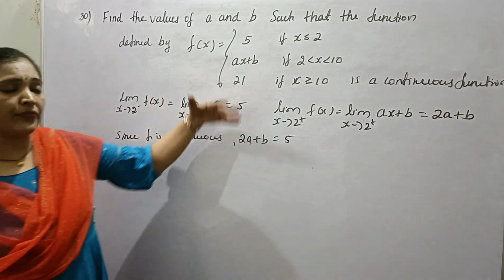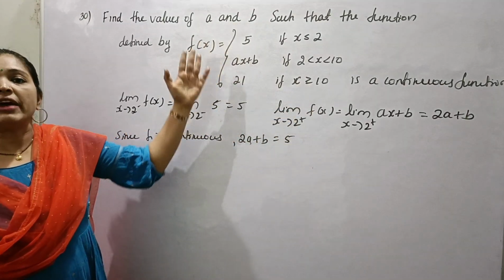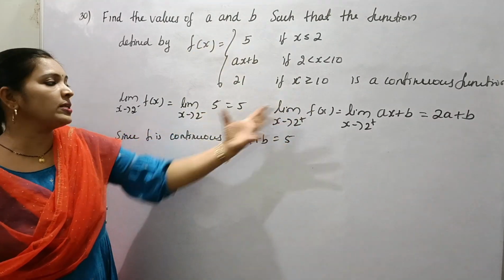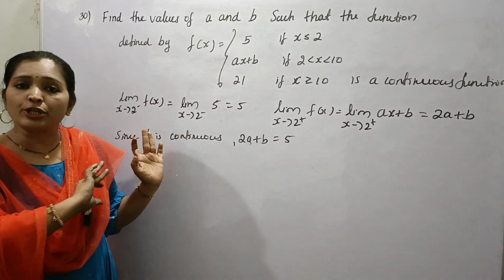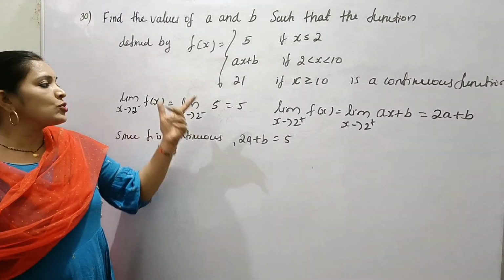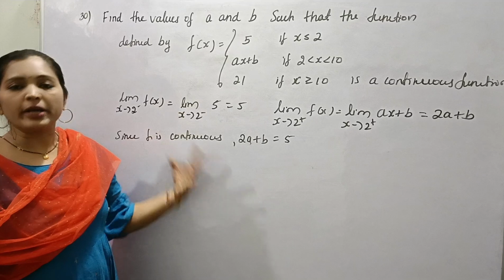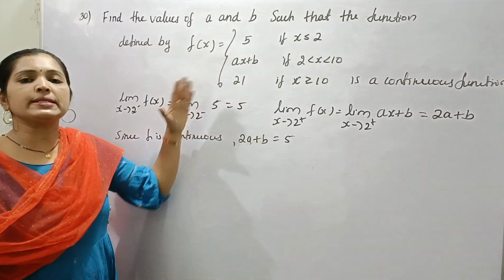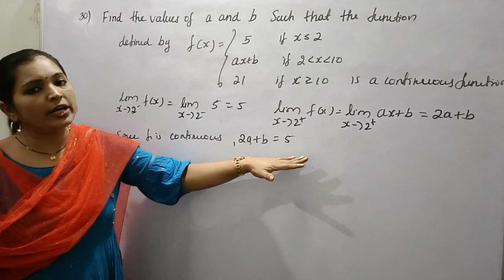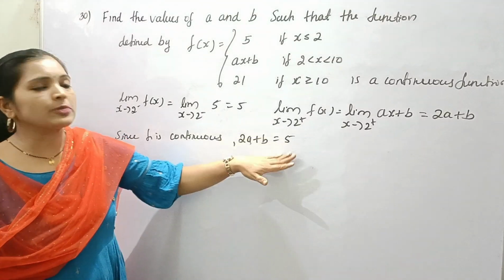A continuous function means it should be continuous at all the points, so at x is equal to 2 also it should be continuous. Therefore 2a plus b is equal to 5.